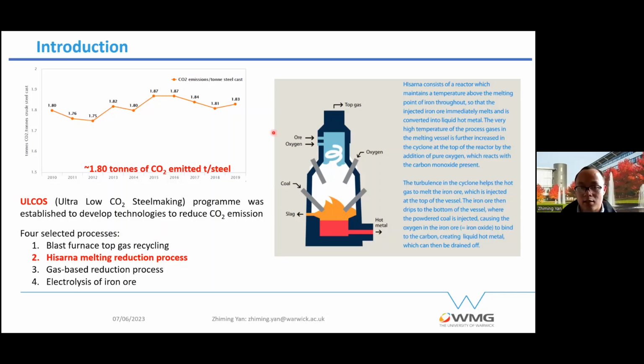So this is the HIsarna furnace. It's divided into 2 parts. We have a cyclone CCF in the top, and it's mainly for iron ore and oxygen feed, the pre-melting and the pre-reduction. And also the off gas goes out from the top. And the bottom part is the smelting reduction vessel, SRV.